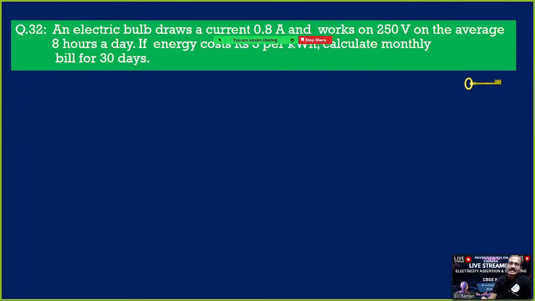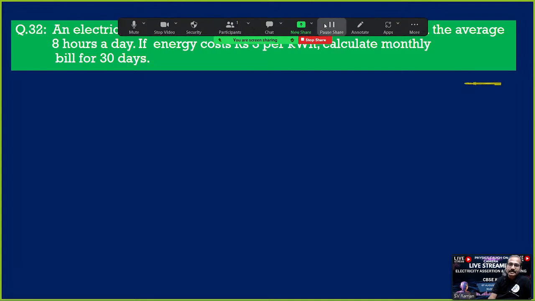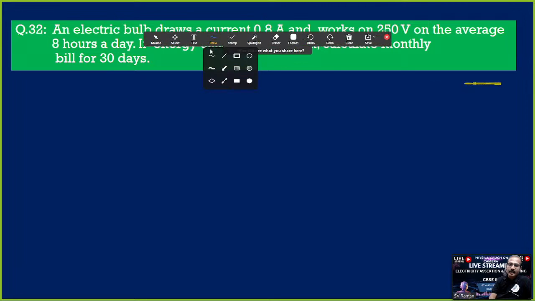In this question we can see that current I is 0.8 amperes, works on electric potential V is equal to 250 volts, on average 8 hours per day.